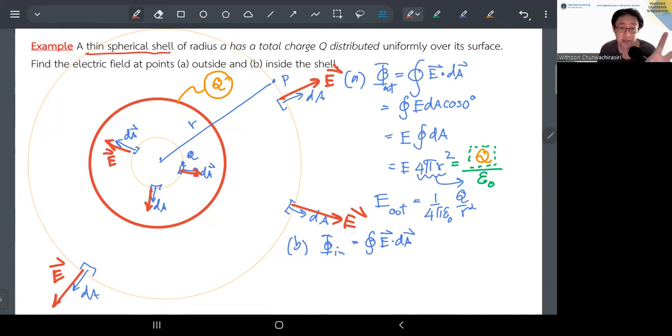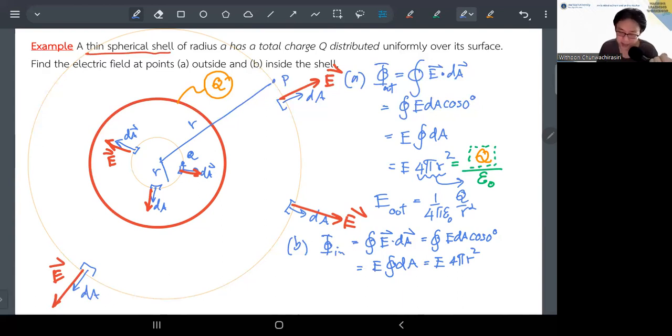So the electric field and dA are still pointing in the same direction, the angle between them is still 0, and it's still E dA cosine 0. By symmetry, the electric field has the same magnitude in all directions, so E is a constant that can be pulled out. The integral of dA is just the surface area of the Gaussian sphere, 4 pi r squared, but now your r is smaller than the radius of the spherical shell. But it's still 4 pi r squared anyway.